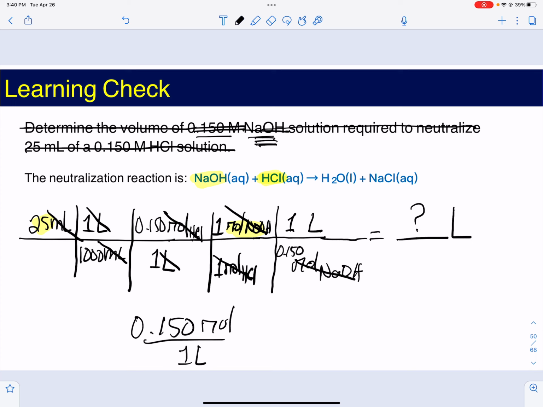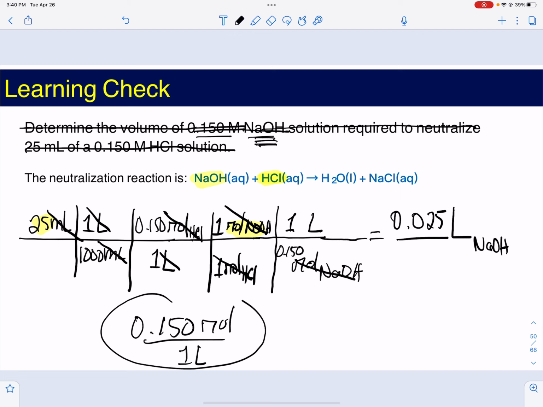That's going to give me 0.025 liters. So if I have 0.025 liters of NaOH at this concentration, that will take 25 milliliters of that concentration of HCl.